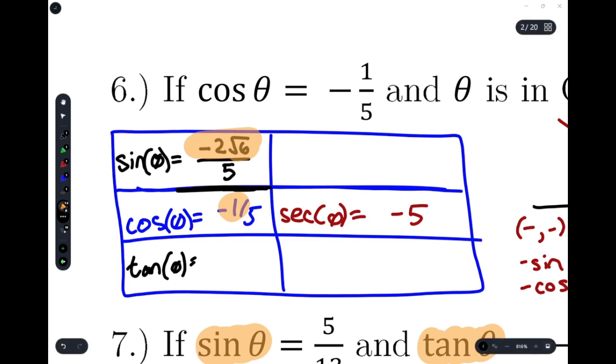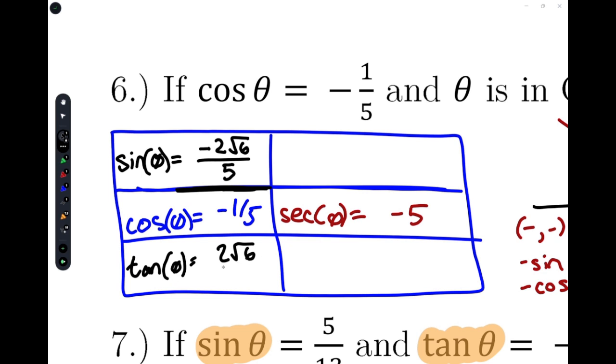Make sure you're careful with your signs. S-I-G-N-S. I'm not going to say any of the signs. So you should get 2 root 6 over 1. And is it positive or negative? It's positive. Positive because of the total problem, not because of any specific numerator or denominator above.